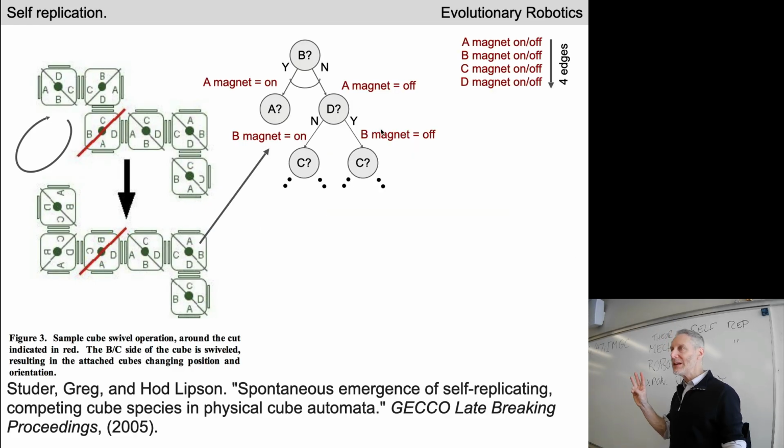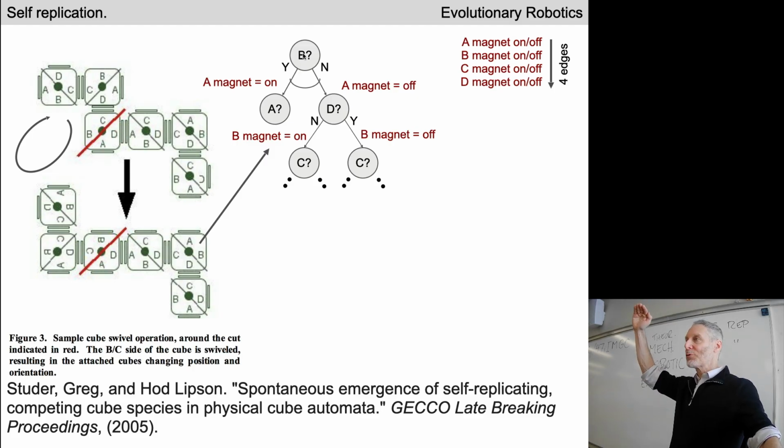What do these 3 controllers look like? Each controller is not actually, well, I guess it is an if-then-else statement, but we're going to represent it as a binary tree of depth 4. Here's depth 1, depth 2, depth 3, and I didn't draw depth 4 here.